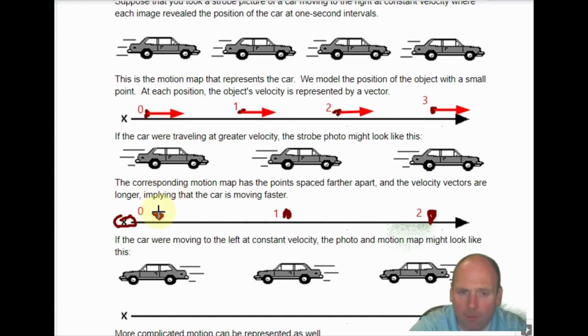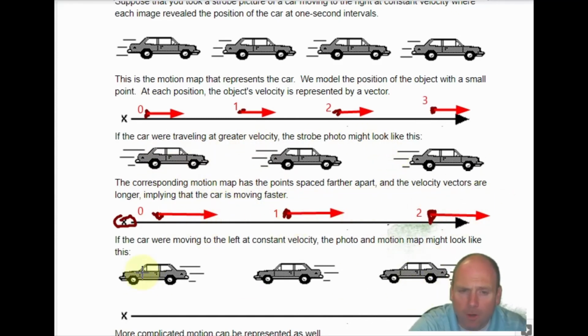Now, the arrows need to be bigger or longer than the previous car, because it's showing that it's moving faster. So the longer your arrow, the larger your speed, and the arrow tells us the direction. Even though the arrows themselves are longer than before, they are still all the same size for this particular car because it's traveling at a constant speed again. It's covering the same amount of distance, so I know it's a constant speed.